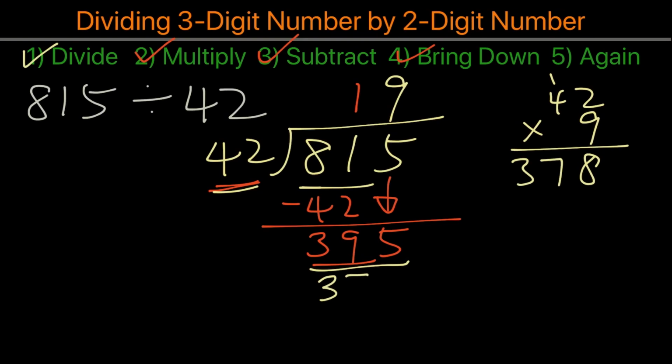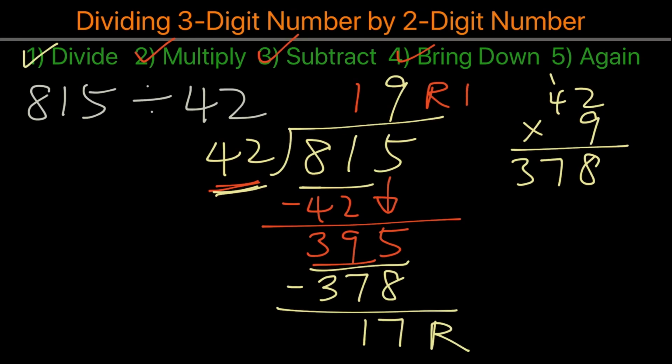So we have 378. So 395 minus 378, we get 17. And that number is smaller than the divisor of 42, so that is the remainder. So our answer would be 19, remainder 17.